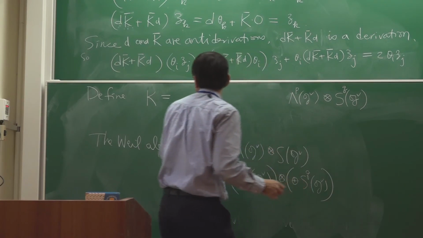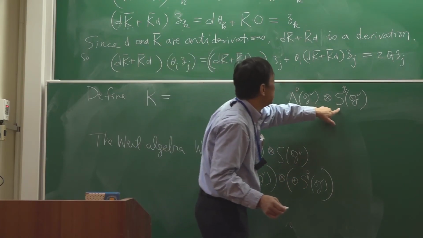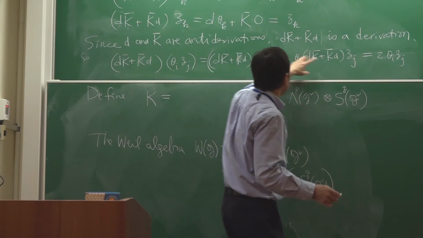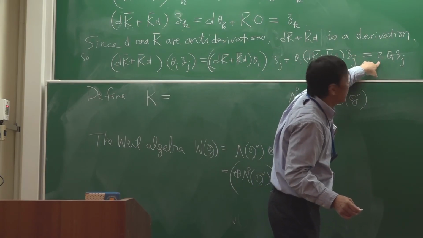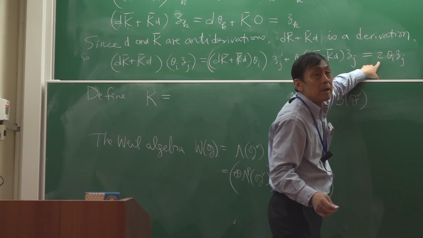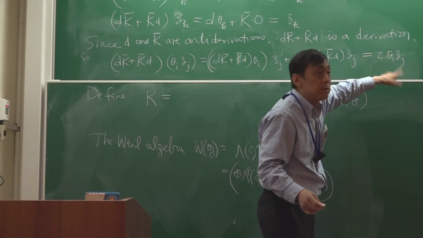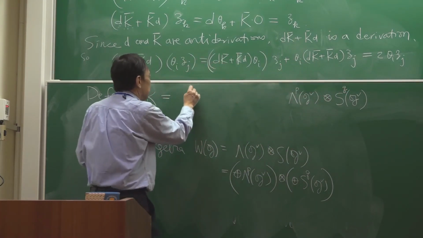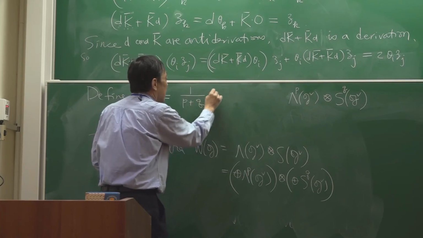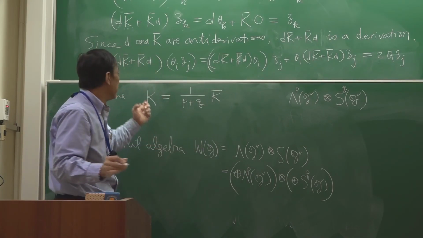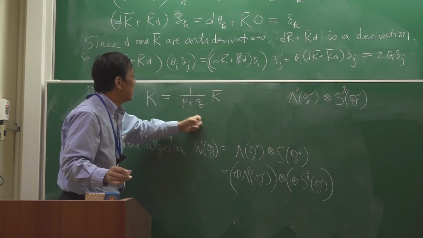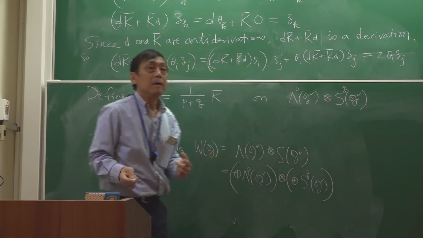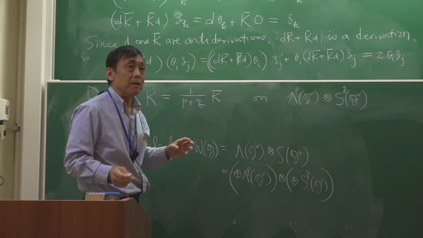Okay? So if I have an element here and I apply DK bar plus K bar D to it, what is going to be the coefficient? P plus Q. Okay? And therefore, in order to get the identity, all I have to do is to divide by P plus Q. I define K to be 1 over P plus Q of K bar on this component of the Weil algebra.